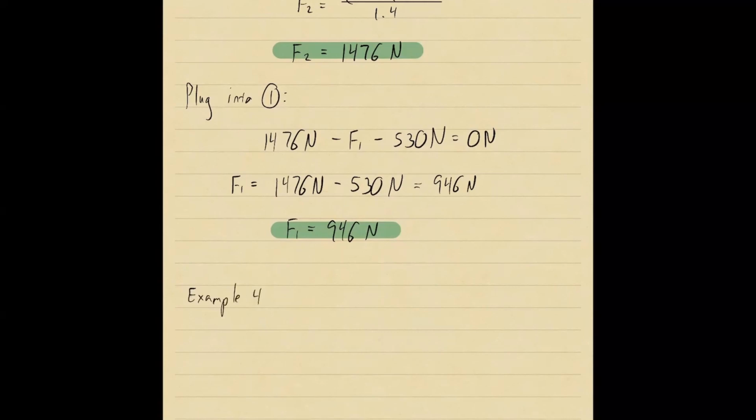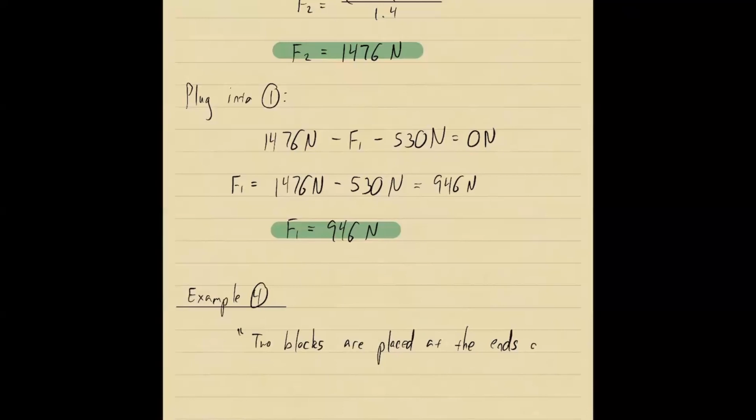So example 4 says, 2 blocks are placed at the ends of a horizontal massless board. Horizontal massless board, right? This thing is massless because that's one less thing we want to worry about.